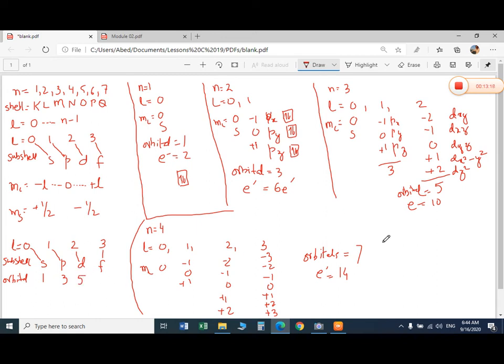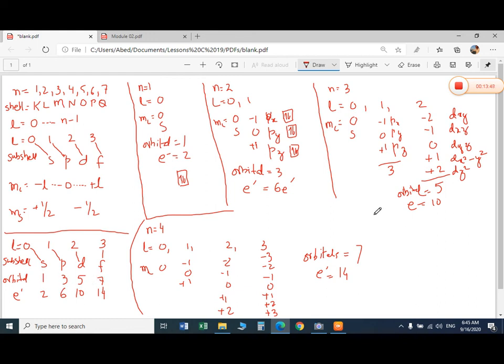F is 7 orbitals, and the number of electrons will be double: 2, 6, 10 and 14. So this is just a summary of the angular momentum quantum number, because it has the formula, it has the naming SPDF, and it has details of how many orbitals and how many electrons.